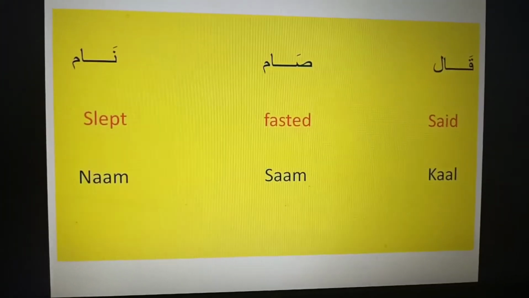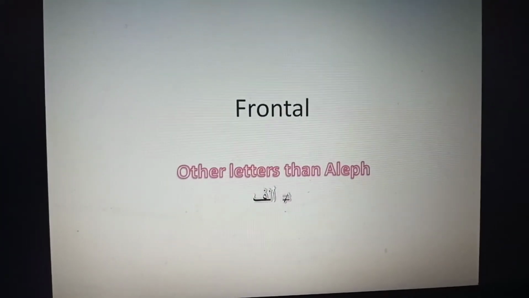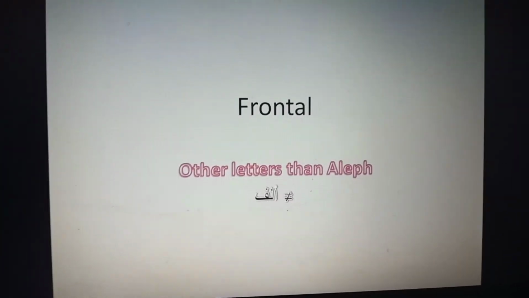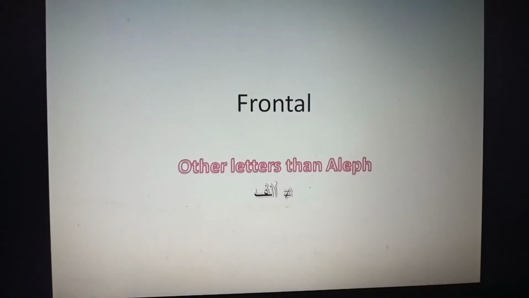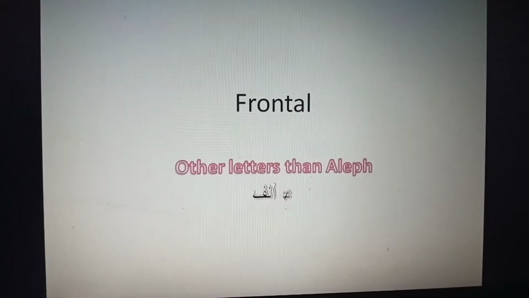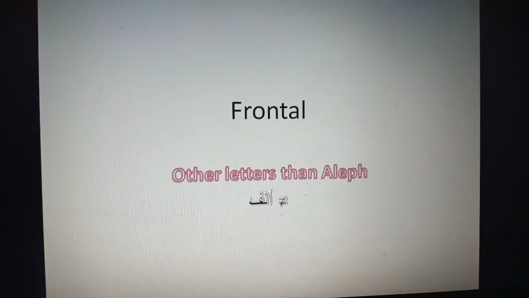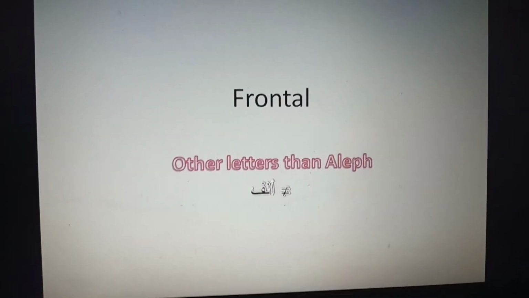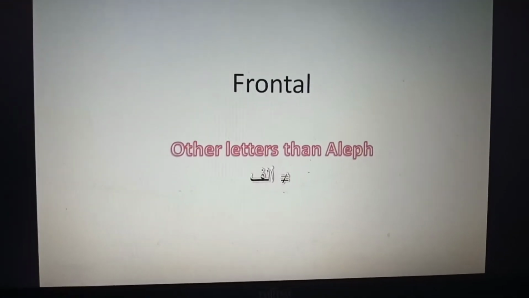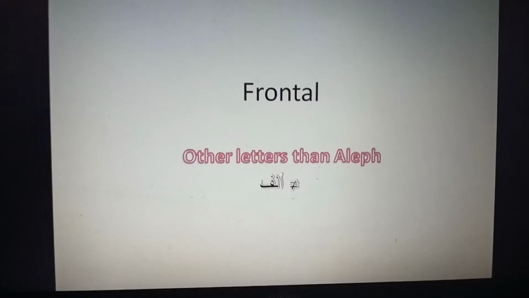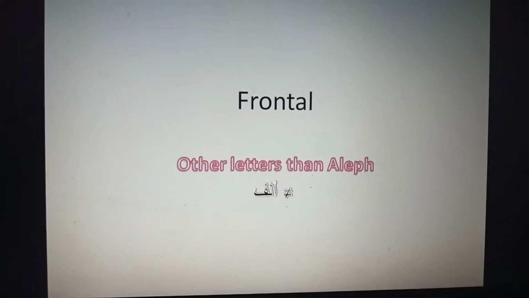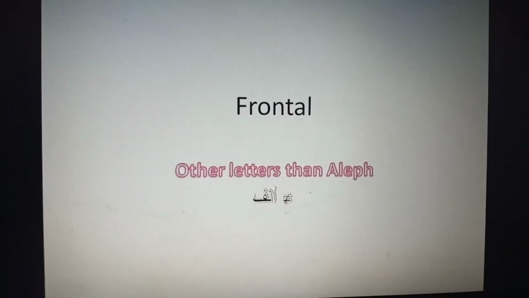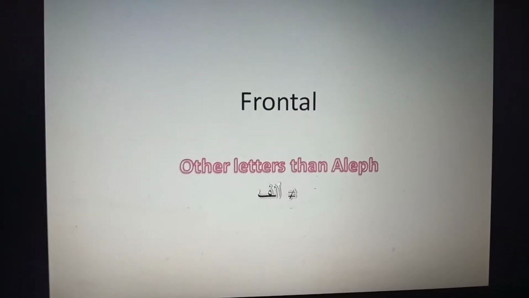So the fatha also can be frontal. It becomes frontal when the letter which has the fatha on it is followed by any other letter but alif.